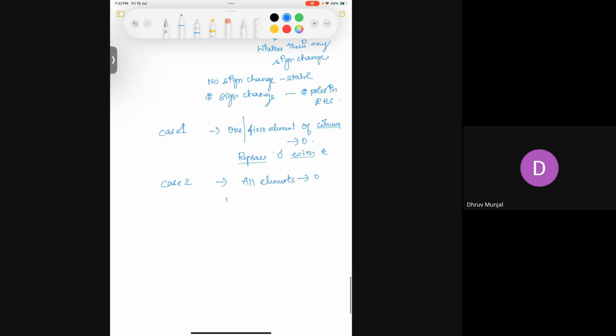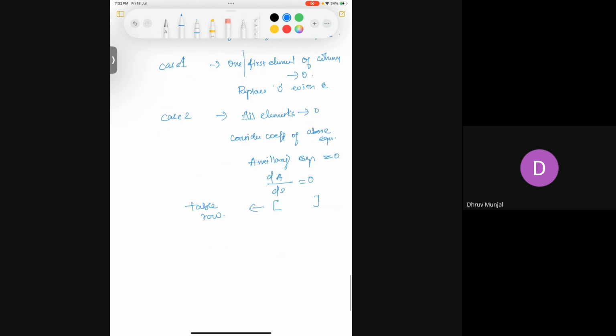In that case, consider the coefficients of the row above where it went 0, take that as an auxiliary equation, and equate it to 0. Then differentiate it with respect to s, and you will get an equation. Replace the table's row with it, and proceed with the steps.